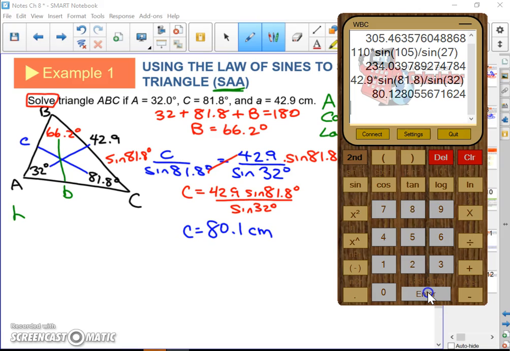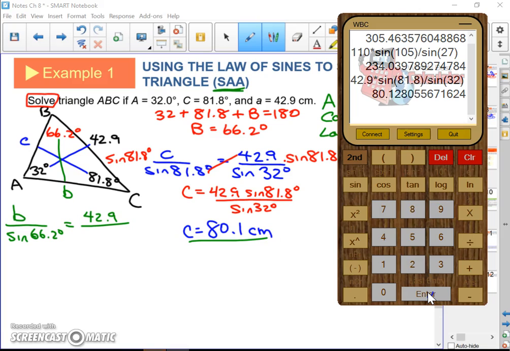To get side b, we have little b over sine 66.2 equals, and you could either use your pair of a numbers or your pair of c numbers. It doesn't really matter. I like using the ones that were given to me in the problem because I know they're right. If I used the c number I just found and I had messed up that number, then anything I use it for is going to be messed up as well.